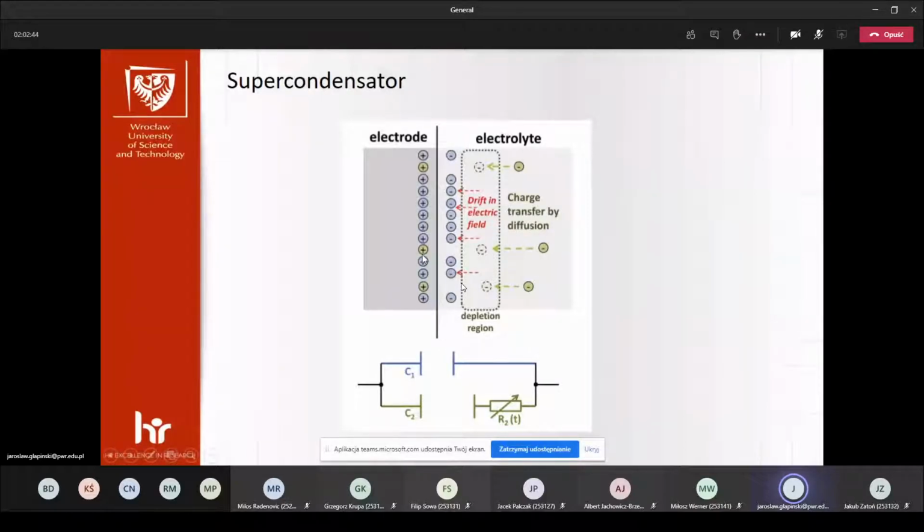But we still have the capacitor and the electrolyte accumulator between them, or in parallel, or something like this. Yes, this is the capacitor connected with the accumulator with the chemistry. So we've got the fusion of two physical properties, the typical capacitor and the accumulator.